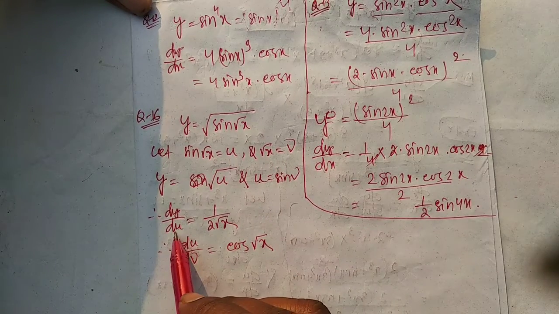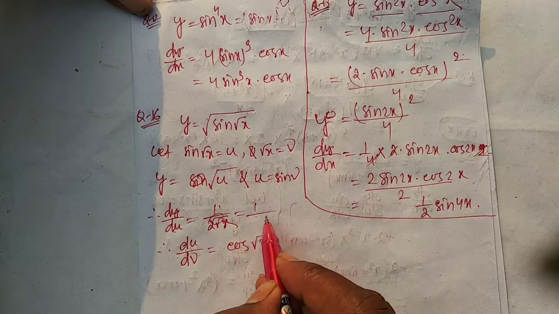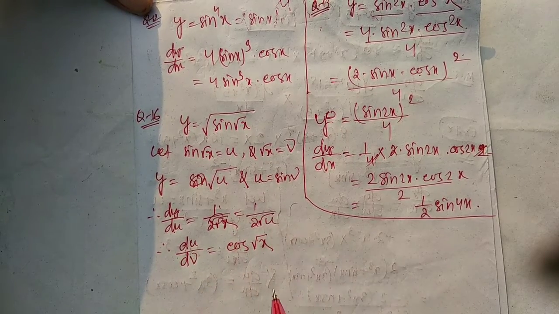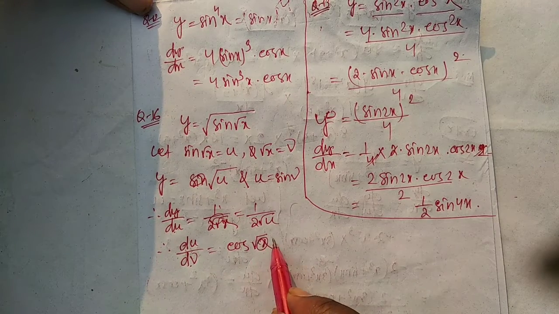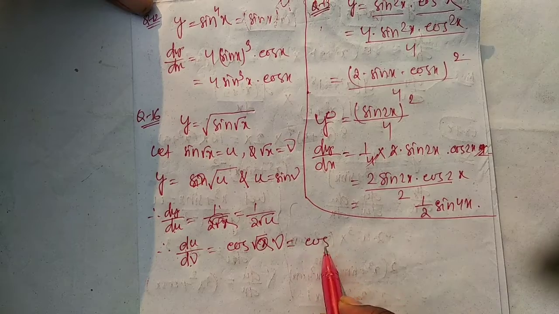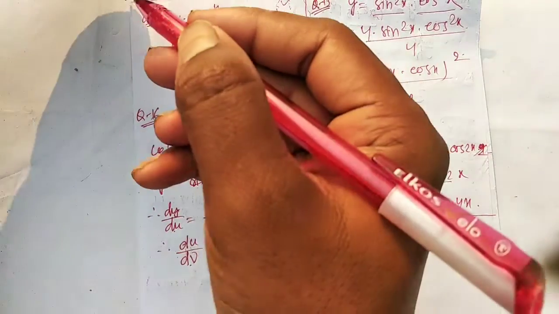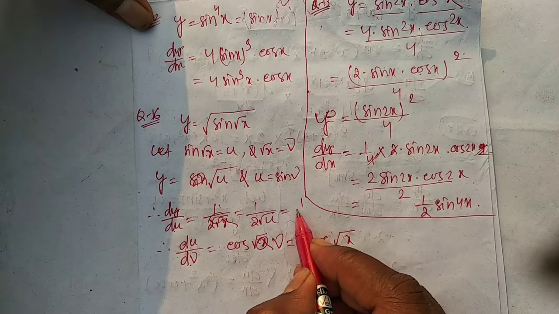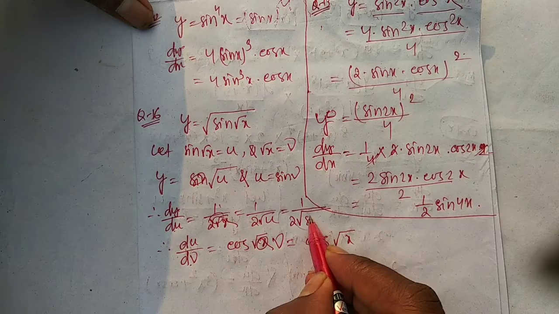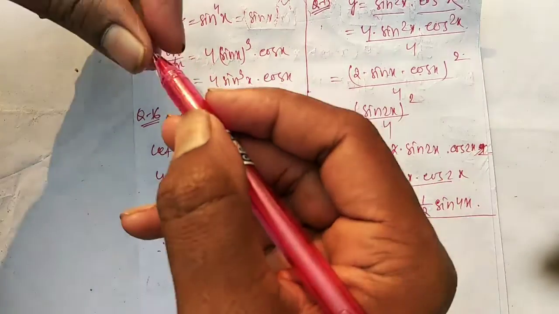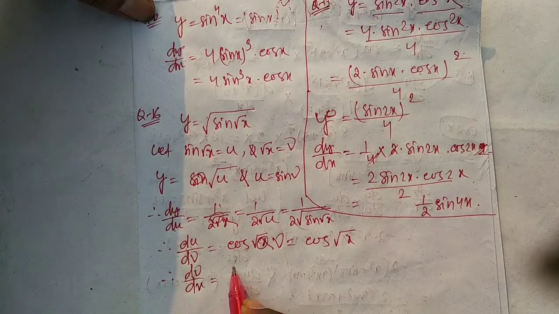So now dy by du will be 1 by 2 root u, and du by dv will be cos v. Replace the value of v, that is cos root x, and this will be 1 by 2, replace the value of u, sin root x. Okay, and again dv by dx, how much?